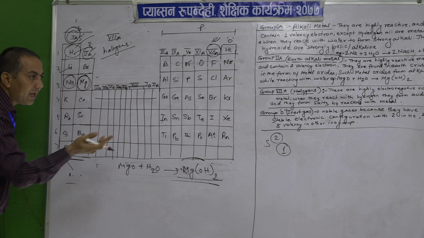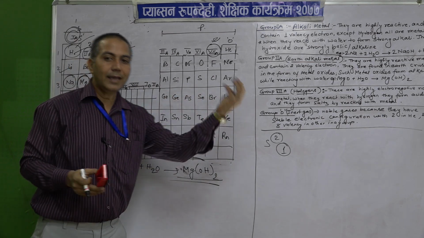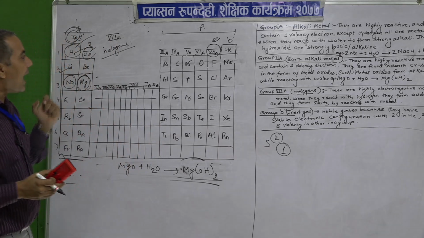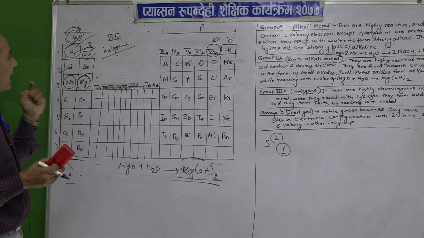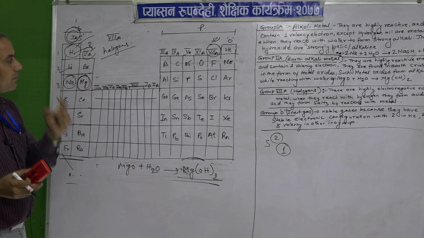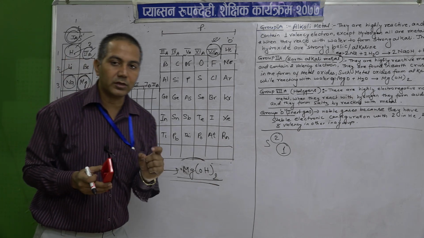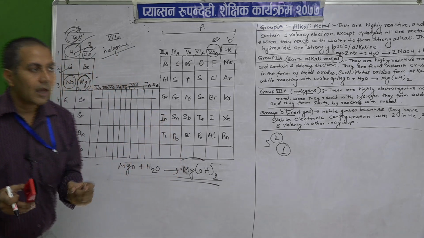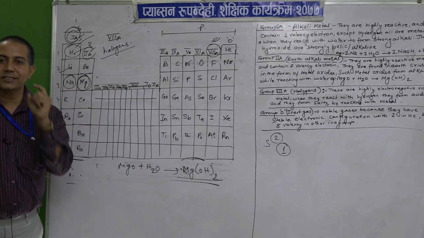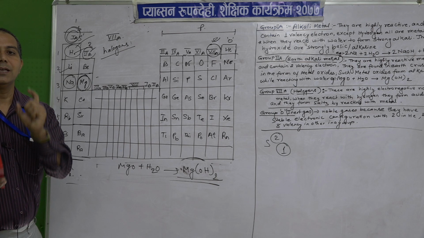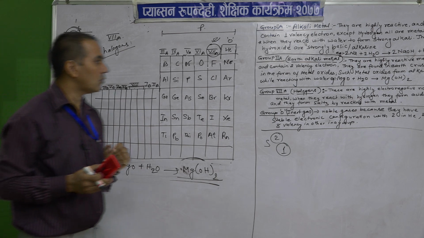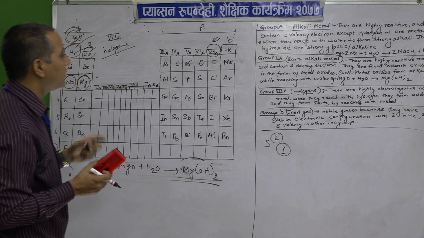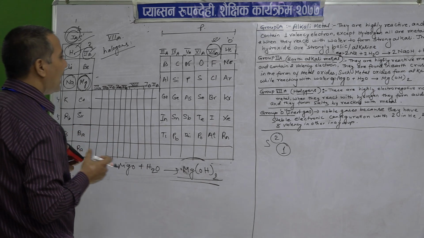They will gain the electron, therefore they are highly electronegative elements. The 7A groups are halogens and they are highly electronegative elements, and the outermost valence shell contains 7 electrons.